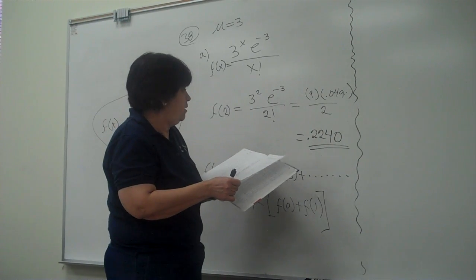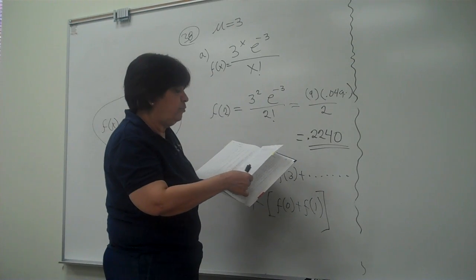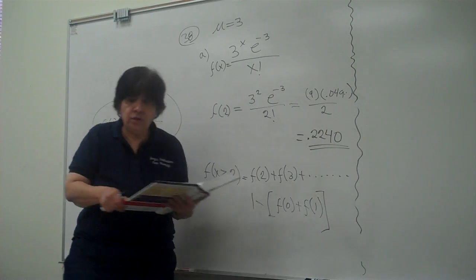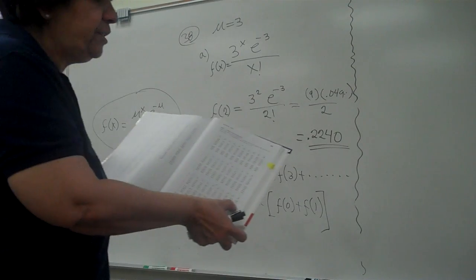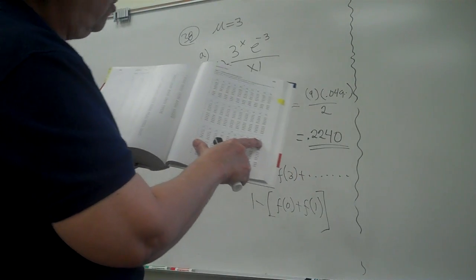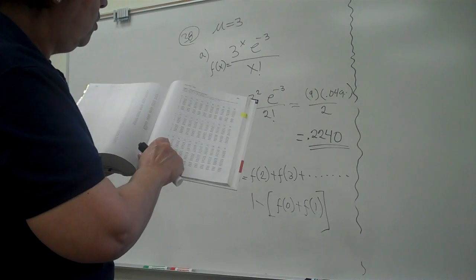And f of 2 is equal to 0.2240. It's exactly what we have here. 0.2240 is exactly what your book says. Mu is 3 and x is 2.